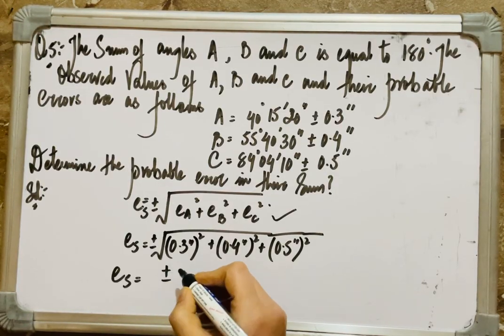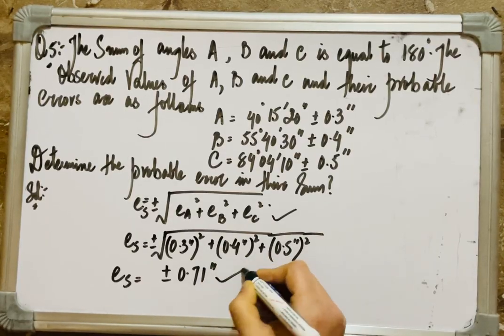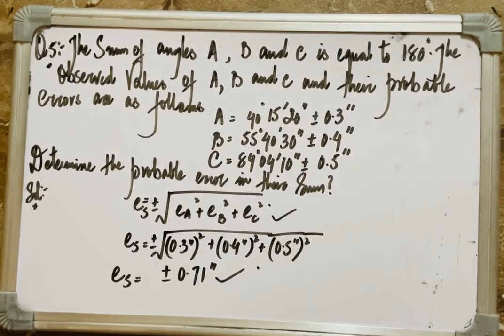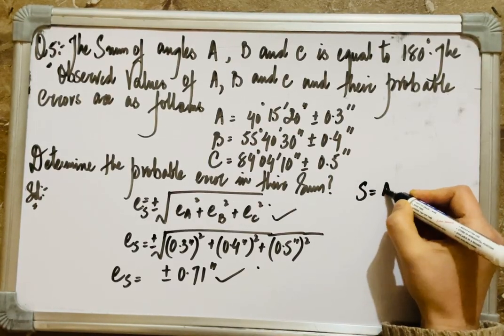Plus minus 0.71 seconds. All right, so this was the question. We had been given three angles whose sum was equal to 180 degrees, along with the observed values and the probable errors in each of the angles, and we determined the probable error in the sum, because their sum was given by a plus b plus c.